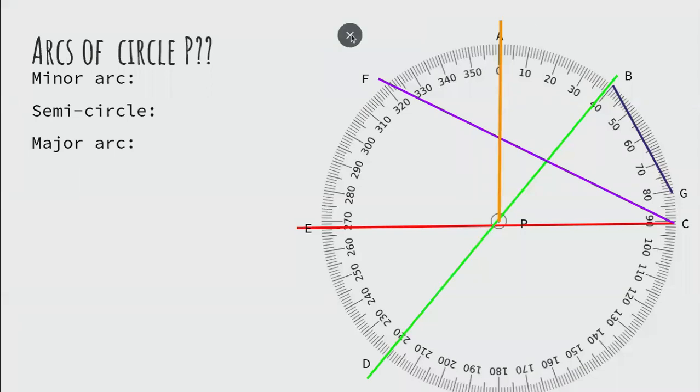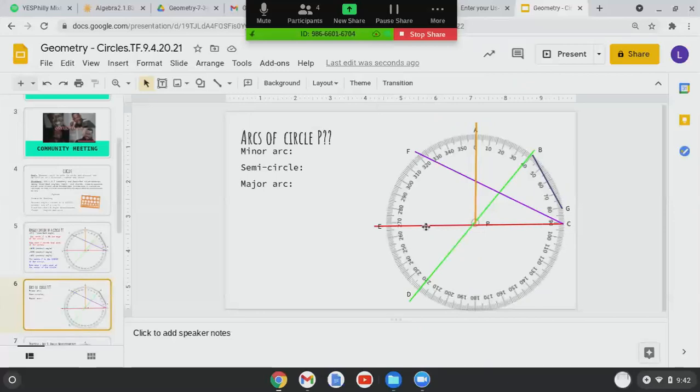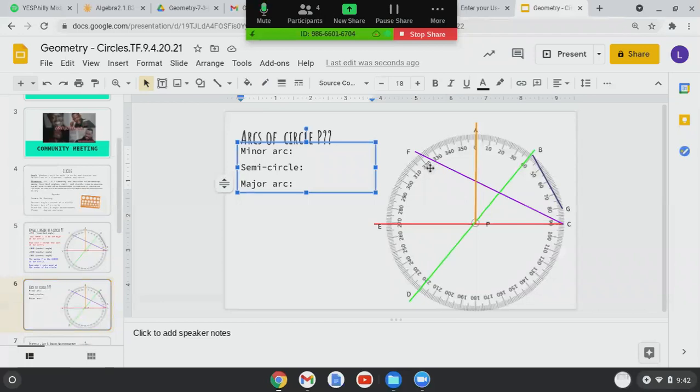A semicircle would be half, right? Yes, a semicircle would be half. Exactly. So if a semicircle is half, what is the measure of a semicircle? 180.